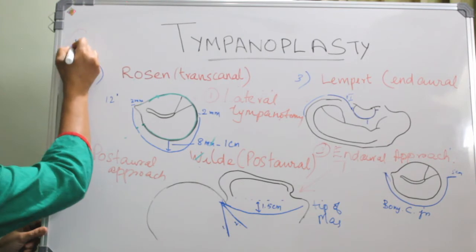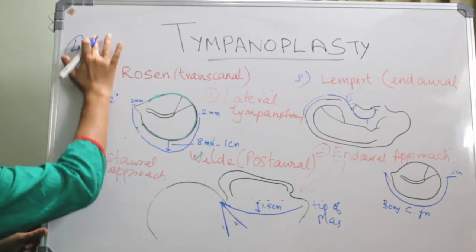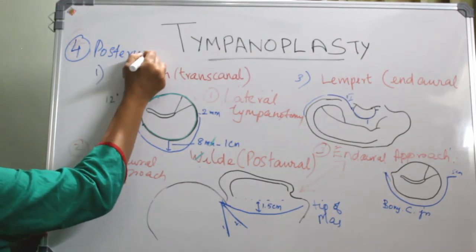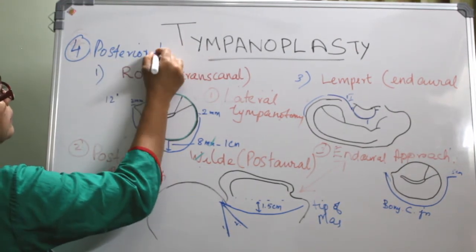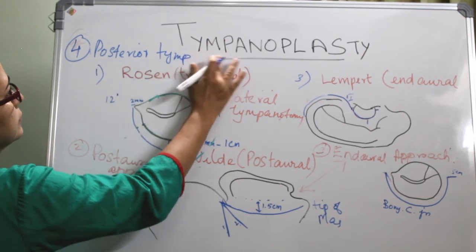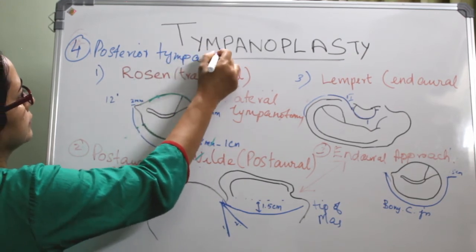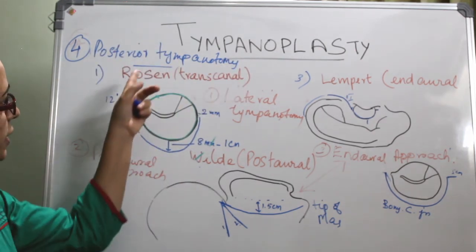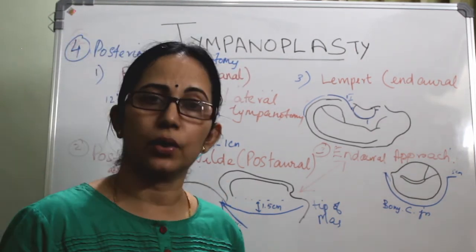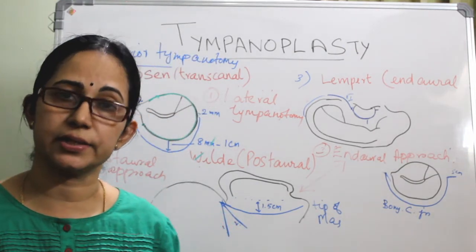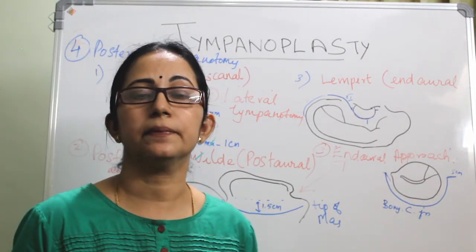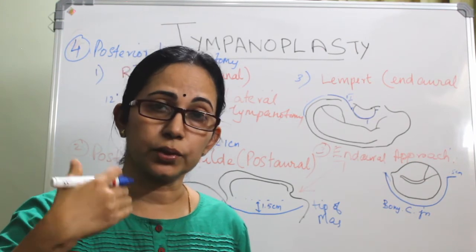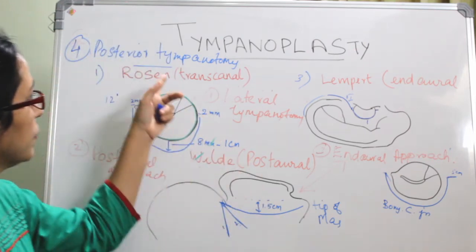But in an approach, that is the posterior tympanotomy, after doing a cortical mastoidectomy, going through the facial recess and reaching the middle ear, that opening of the middle ear through the posterior wall is called the posterior tympanotomy.